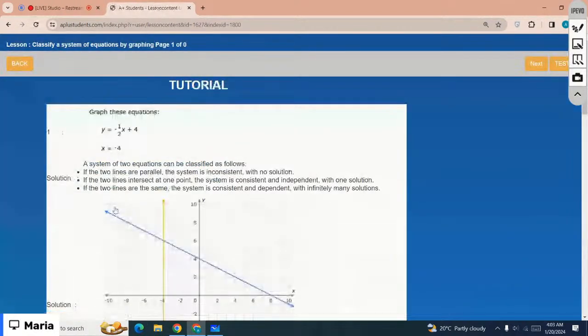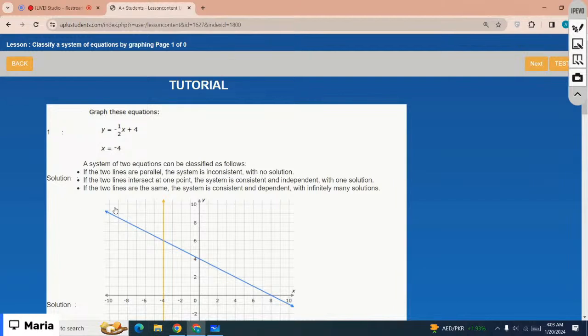Okay, the first one is graph these equations. The equations given are y equals -1/2x plus 4 and x equals -4. So you have to graph these equations and classify the system of equations.